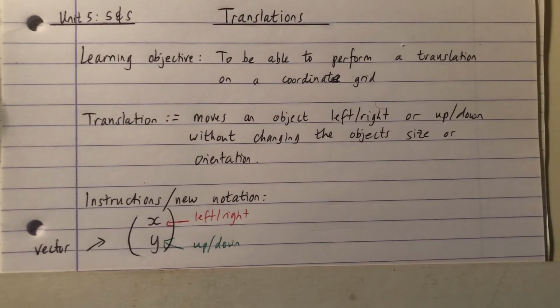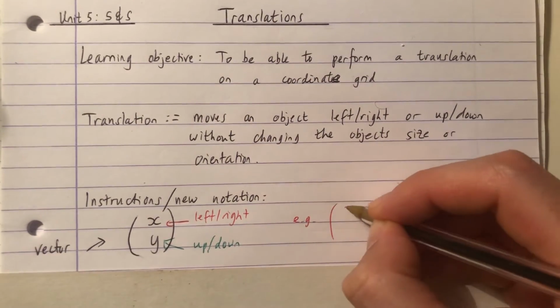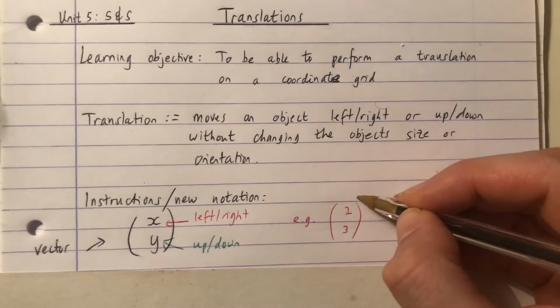So for example, something like that, 2, 3. Now, positive numbers mean right and negative numbers mean left on the top, and positive numbers on the bottom mean up and negative numbers mean down. So a little bit like coordinates. It's almost like a coordinate written vertically, effectively.